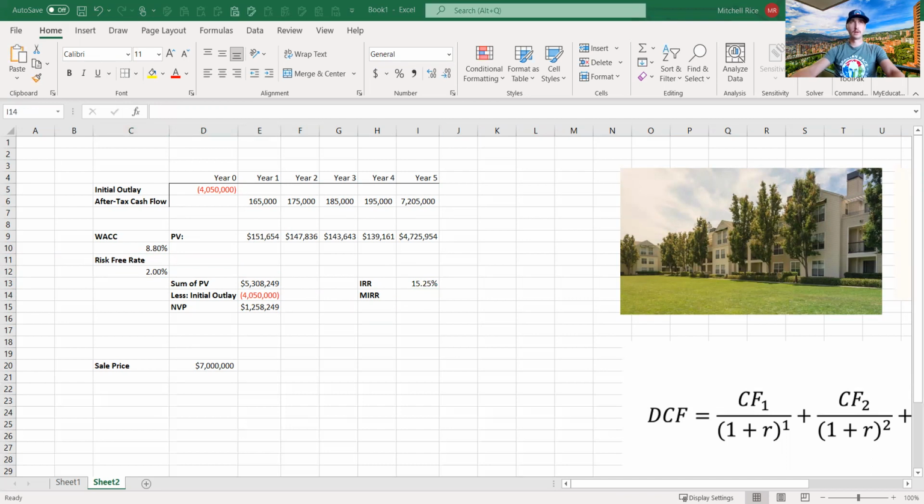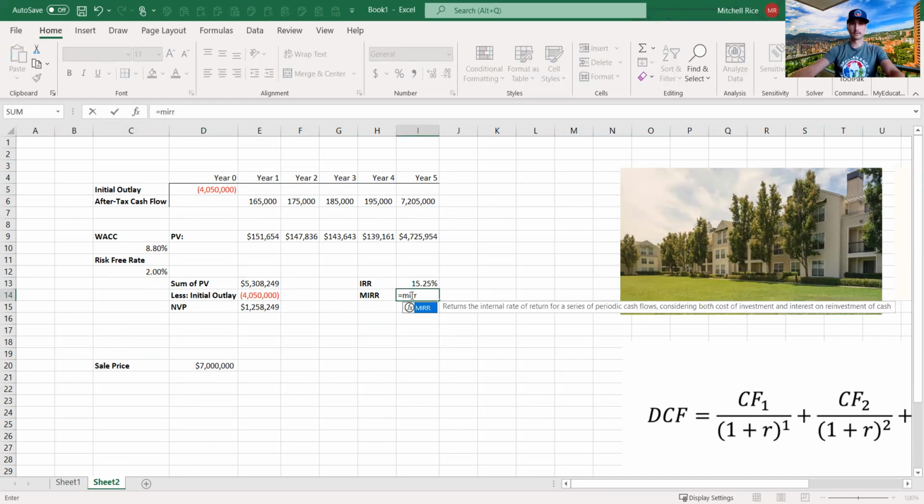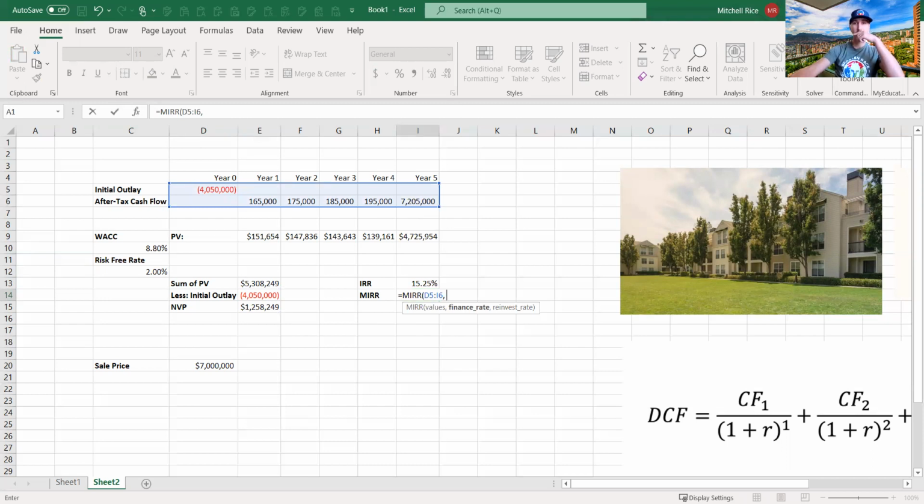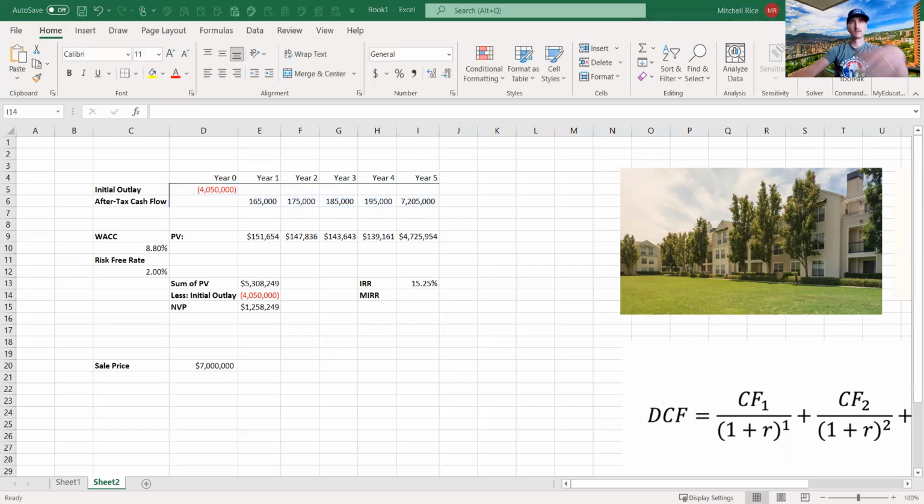So if we run, see if I can remember how to do this calculation, equals MIRR, values. Let's grab all this. Finance rate. What is our finance rate? Let me look at my notes real quick. Oh, our finance rate is the discount rate. That's what that means.